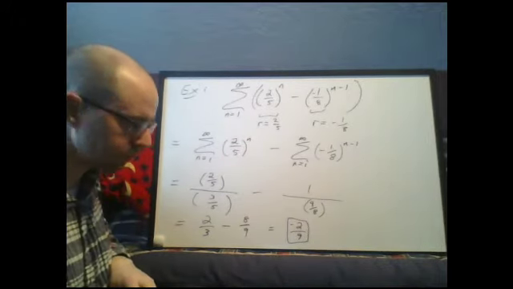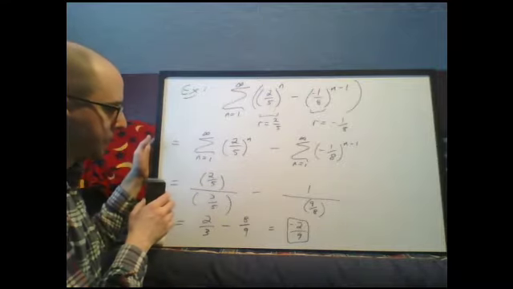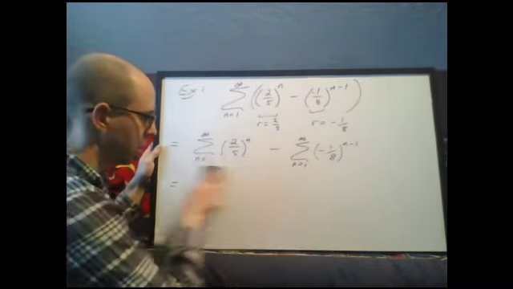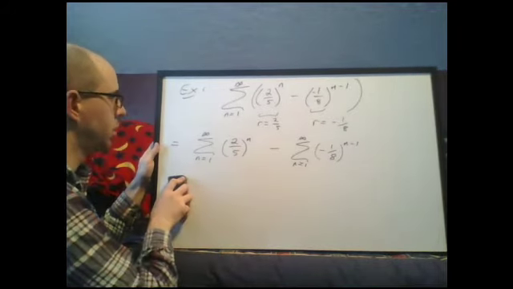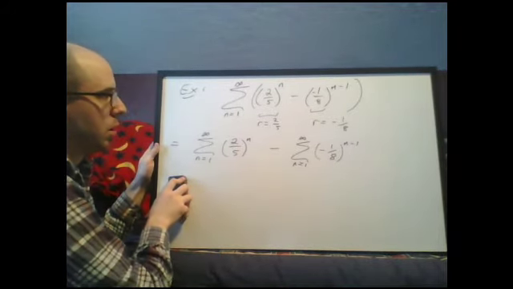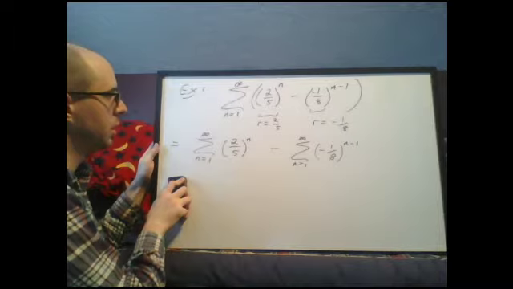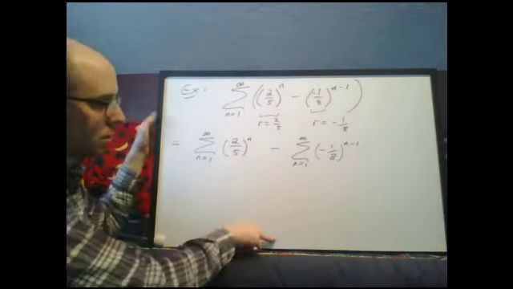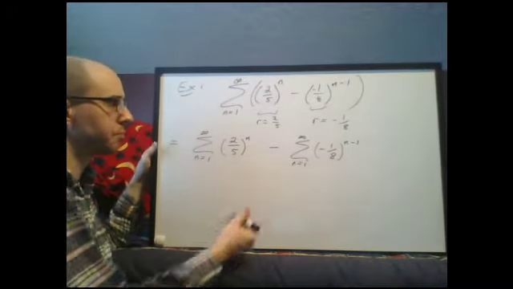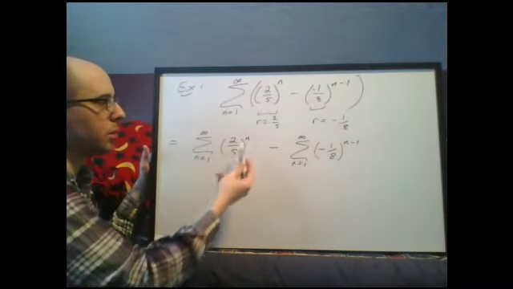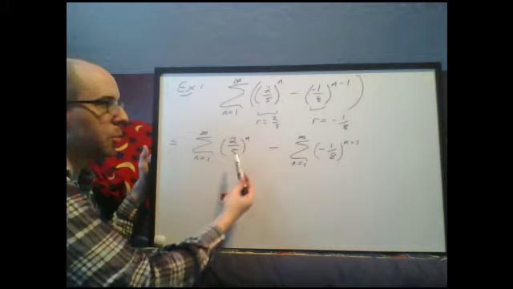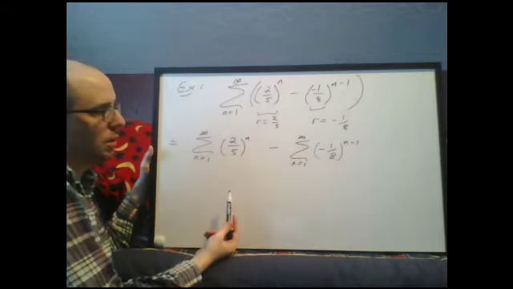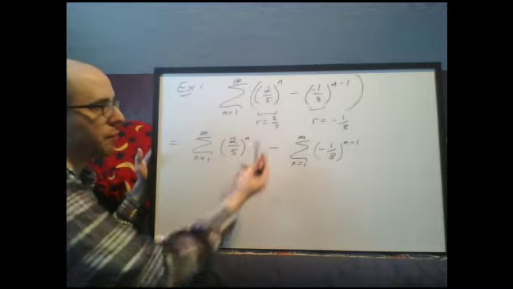Okay, let me say one more thing about this technique we used here. I can only technically split this up once I know that individually these two would be convergent.